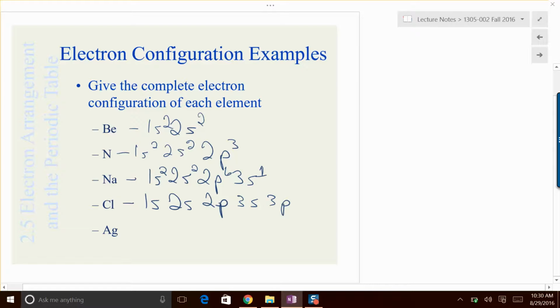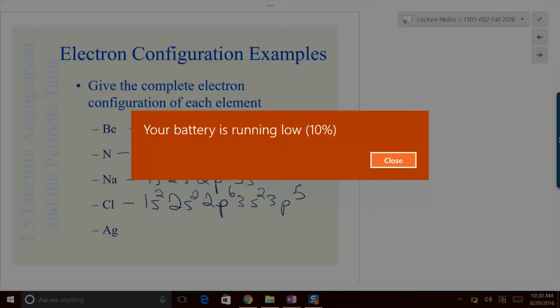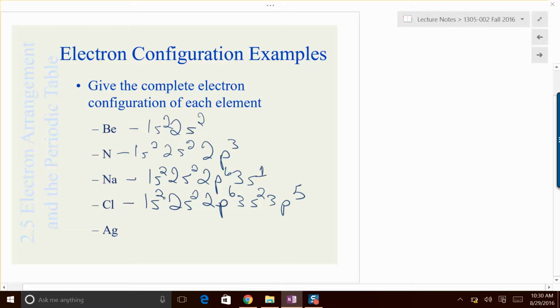Chlorine is what position in the 3p? 5. I fill everything else in. 1s2, 2s2, 2p6, 3s2, 3p5. All right, let's go to silver.